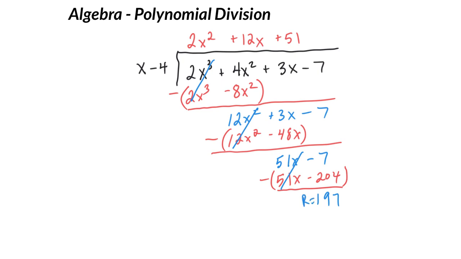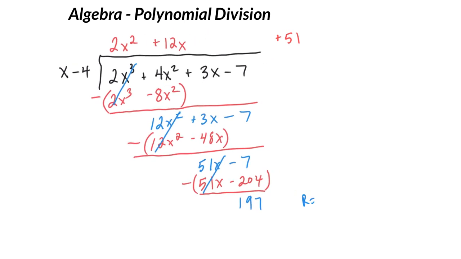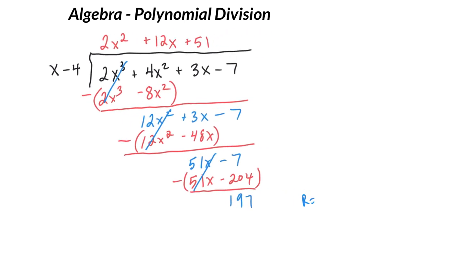Another way to write that, if I could maybe move all this over for a second, would be to say our answer, 2x squared plus 12x plus 51, plus our remainder over our divisor, like that.